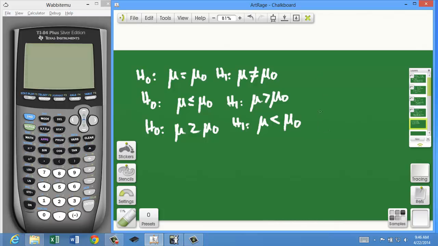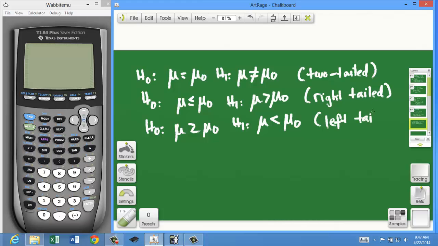Each of these hypothesis tests has a name. The first one is called a two-tailed test. The second is called a right-tailed test. And the last one is called a left-tailed test. In most cases, I just observe the arrow in the alternative, or rather the mathematical symbol in the alternative.